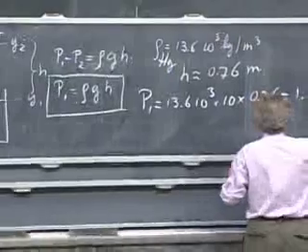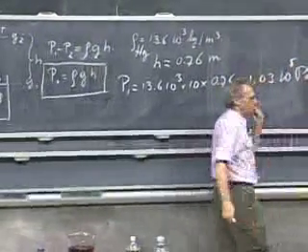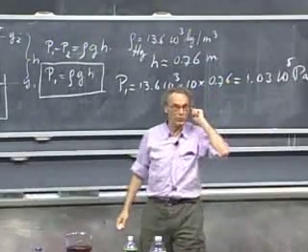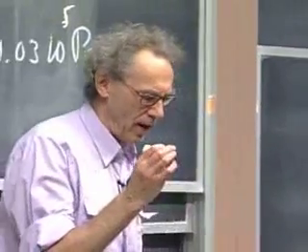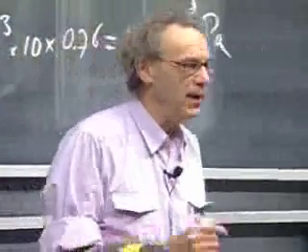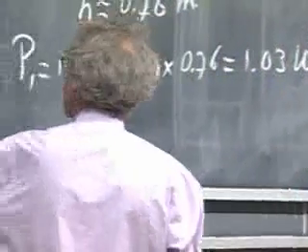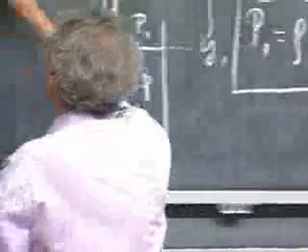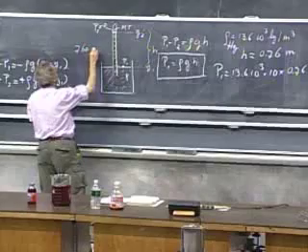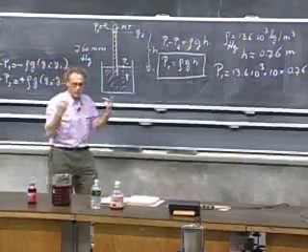And that is 1.03 times 10 to the fifth Pascal, which comes very close to the 1 kilogram force per square centimeter that I mentioned to you earlier. 1 atmosphere's pressure is defined in a very precise way, namely that it is exactly the pressure when the column here is 760 millimeters of mercury. Then we call the pressure here, that's the definition, 1 atmosphere.